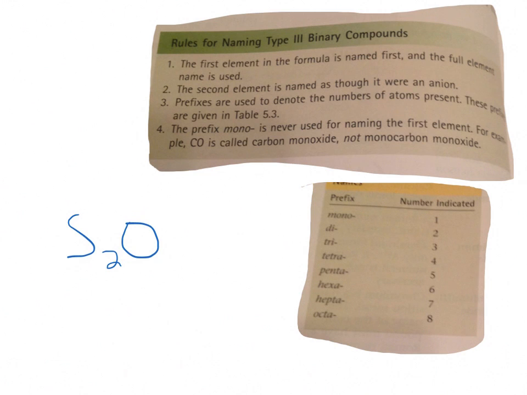The first rule, basically, you name the whole first element. So we're going to use the whole name of sulfur in the name. So sulfur. And the second atom gets the IDE ending, just like we had before. So this will be ox.